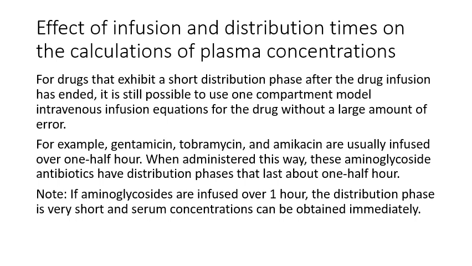Their distribution time usually takes around half an hour, and normally they are given as an infusion over half an hour. If they are infused over 1 hour, then the distribution phase should be very short and embedded within the infusion time. So there is no need to consider a time for the distribution since it was considered already within the infusion time.